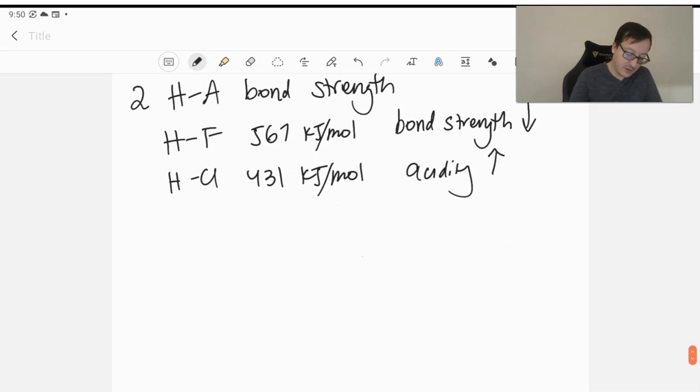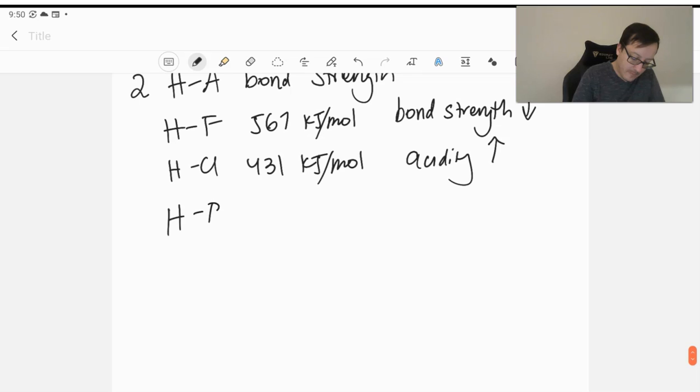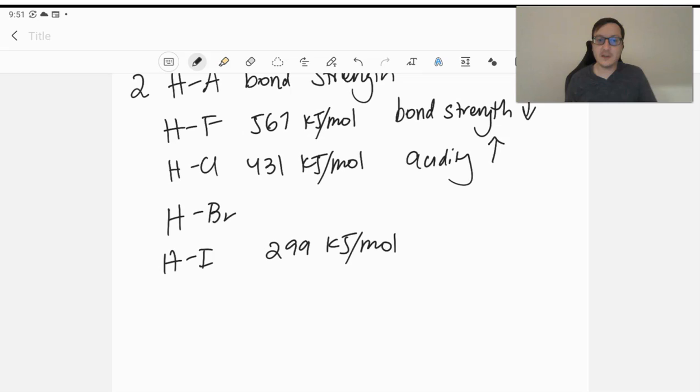And if you see this trend, by the way, HI is in fact going to be our strongest acid. I have the numbers here. I don't know that it will be very useful, but we have 299 kilojoules per mole for the HI bond. And the HI bond, as we know, is still going to be fairly polar because we have a hydrogen and a pretty electronegative atom.